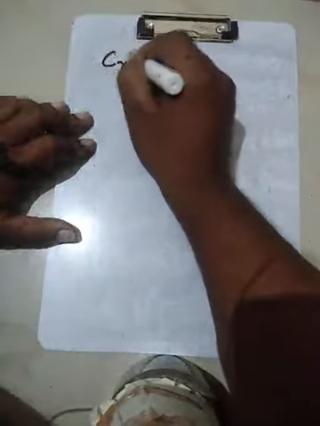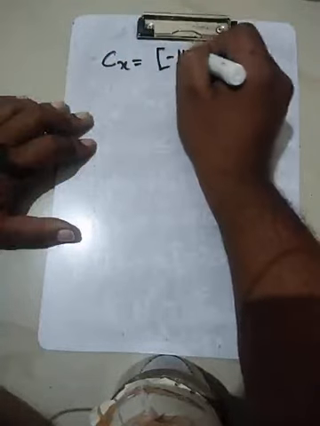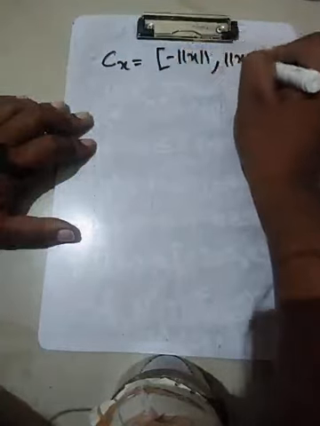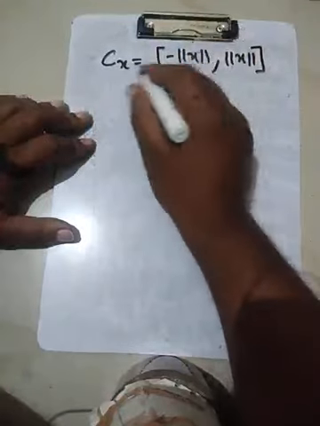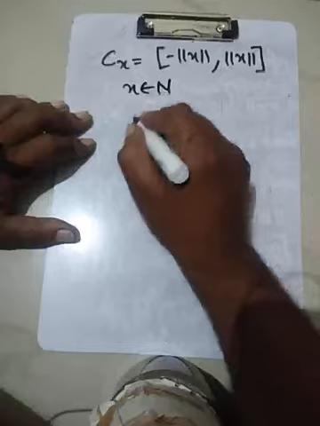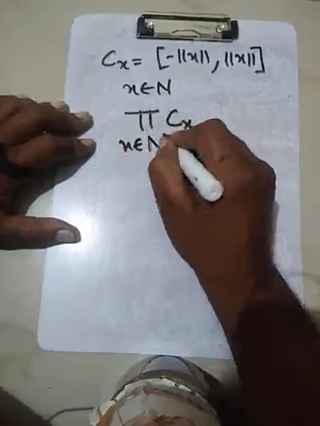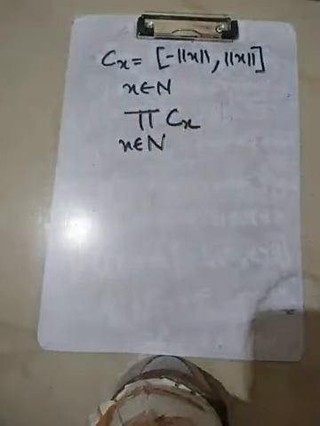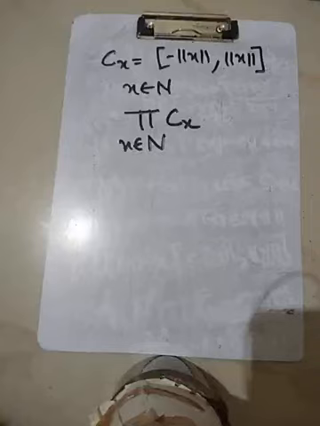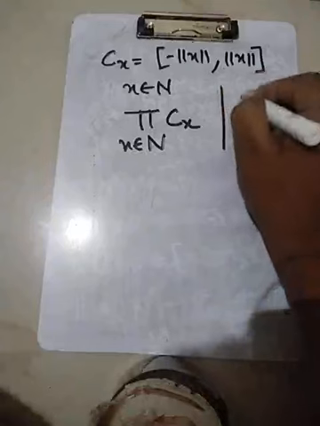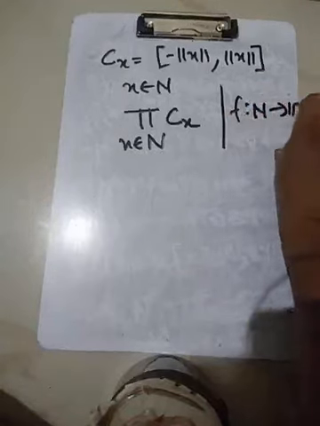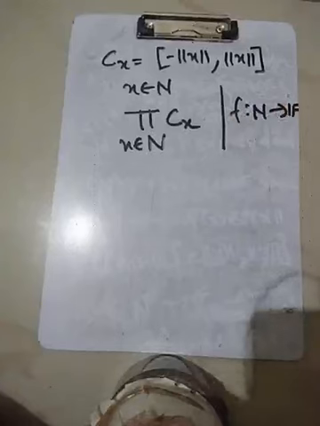Let's call Cx the interval minus norm x to norm x, for one particular x belonging to N. Look at the product of this Cx, x belonging to N, the multiplication of these boxes. f is a function which is a map from N to F, so for one particular x, its value will lie in exactly one of these intervals.